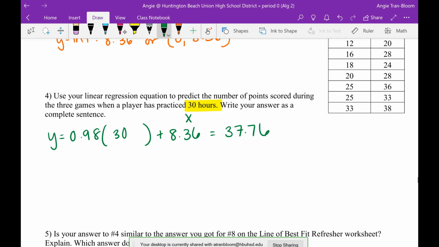So write a complete sentence. Remember, this is application, so make sure you round it. Once you have your sentence, can you share that with your team, please?